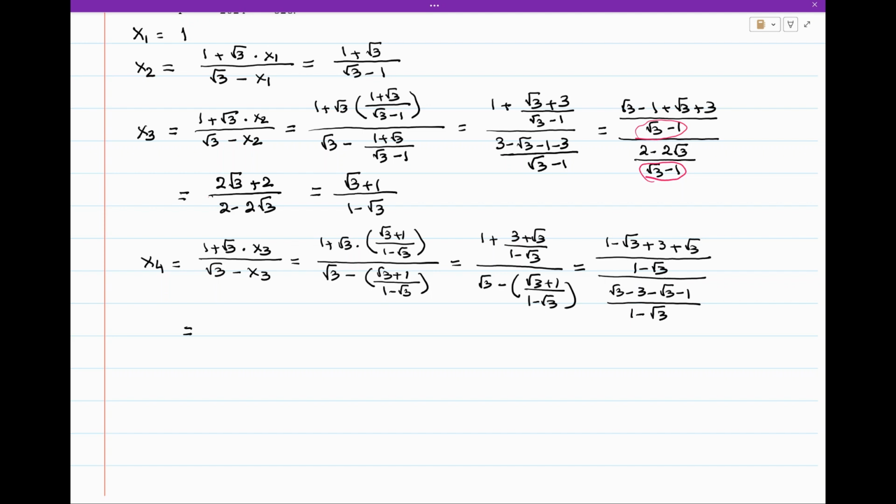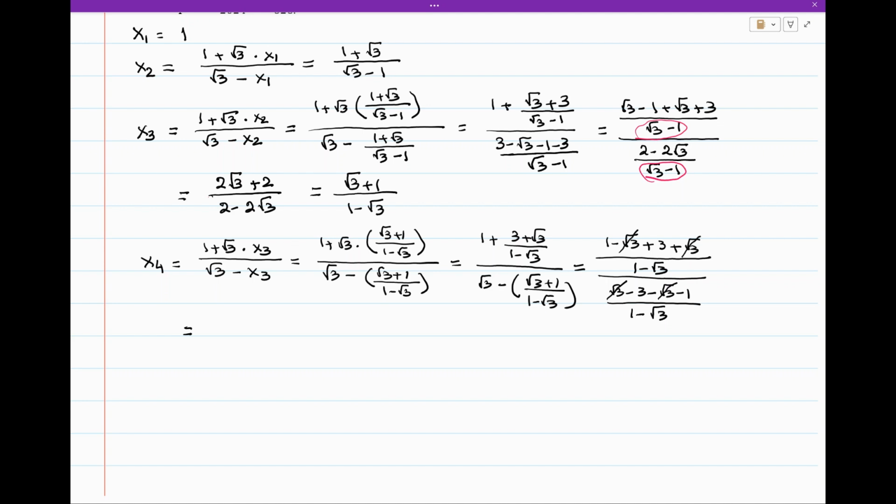at the top, this square root of 3 and square root of 3 will cancel out. Similarly, this square root of 3 and this square root of 3 also will cancel out in the denominator.